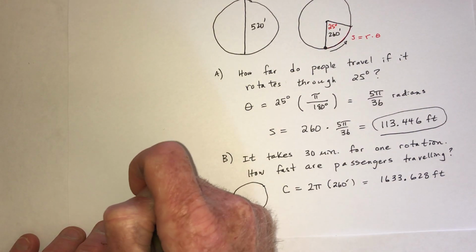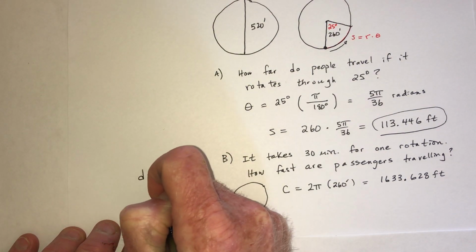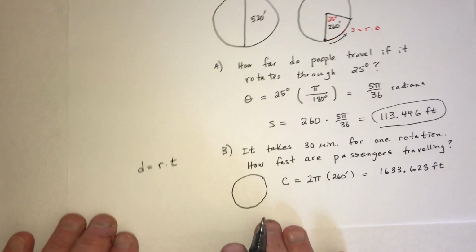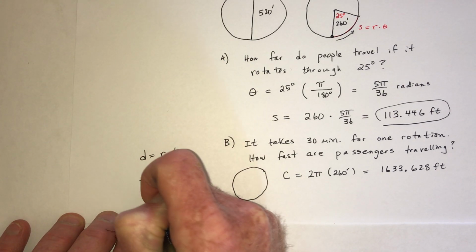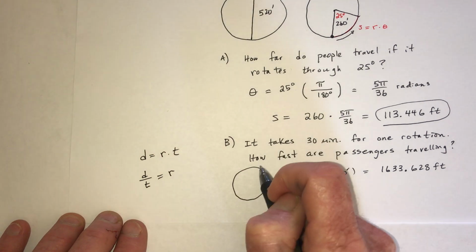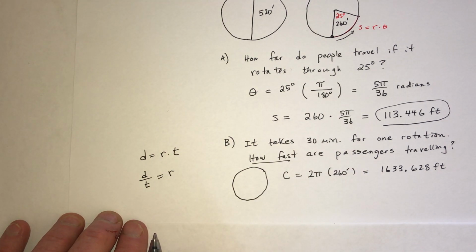Now, I'm just going to use the idea that distance equals rate times time. Or if you divide both sides, distance divided by time equals rate. So how fast means rate. So solve for R. So it's just the distance divided by the time.